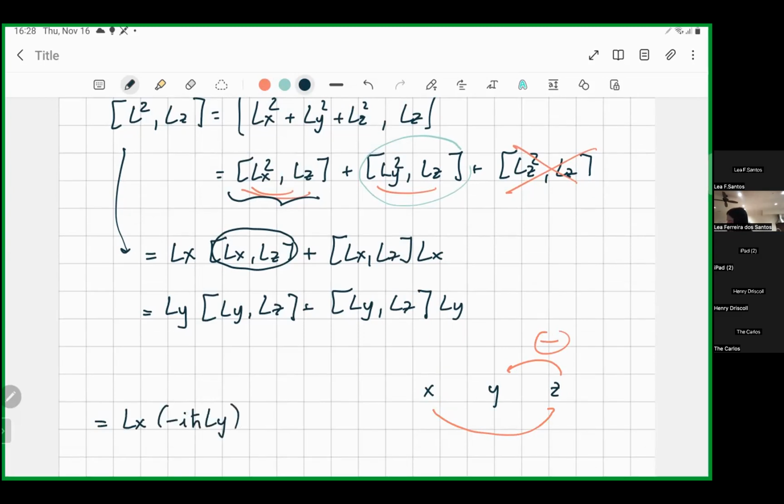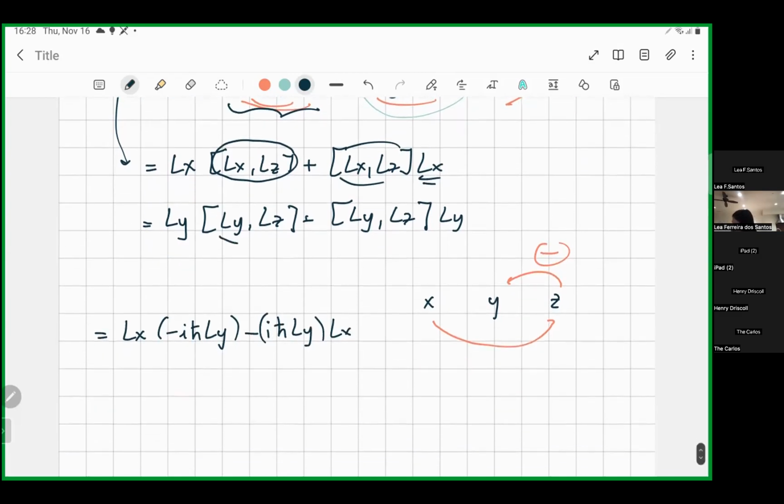Now this guy again is the same thing: minus i h bar Ly with Lx. Now in this term, we are going from Y to Z. So this is good, I'm going clockwise, from Y to Z. This is plus, giving us plus i h bar Lx. So we have Ly times i h bar Lx, and the next one is the same thing: plus i h bar Lx times Ly.